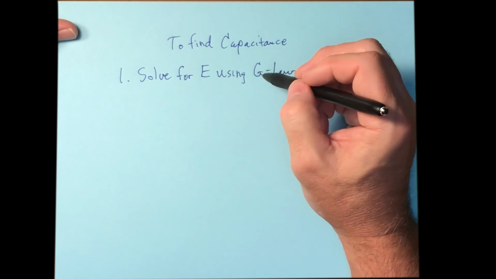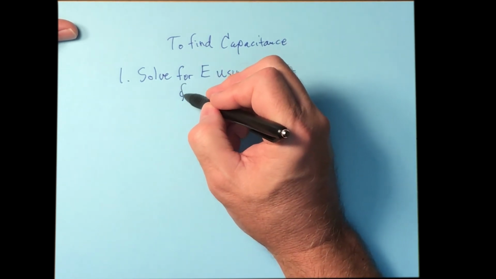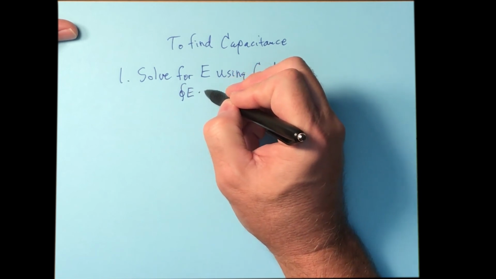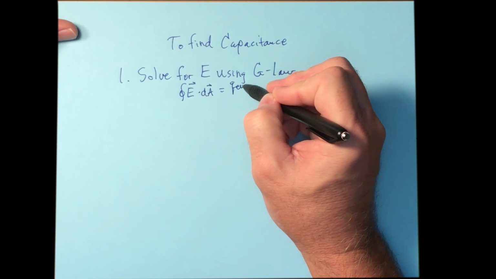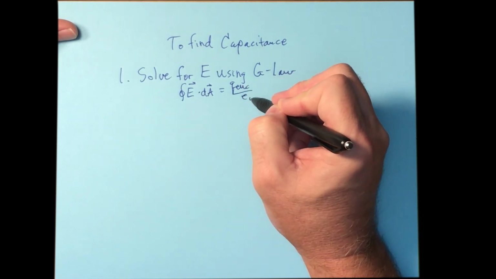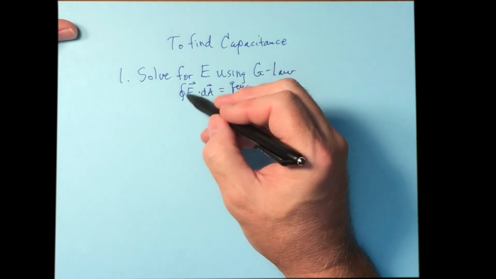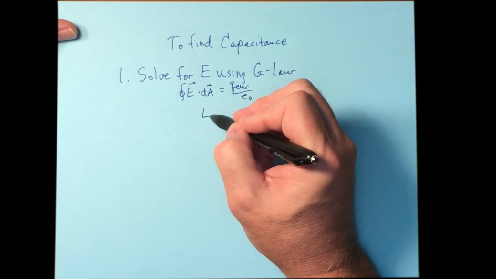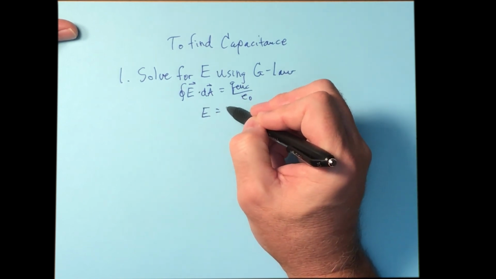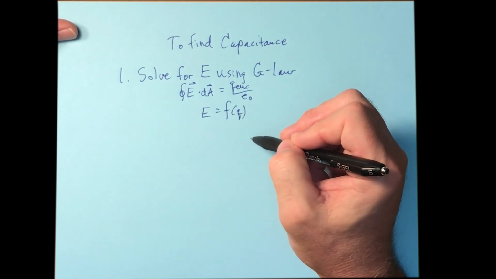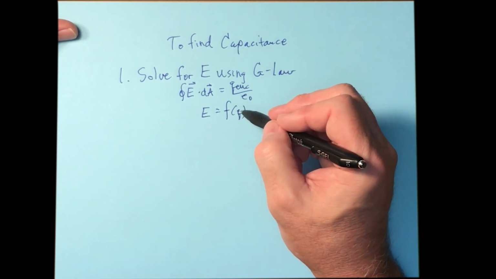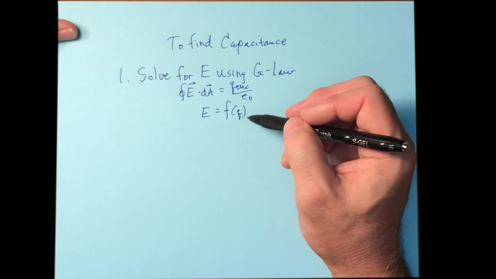So you'll solve for E using Gauss's law, and you know that Gauss's law is the closed integral of E dot dA equal to Q enclosed over epsilon naught. When you go through the steps, you end up with E equal to some function of Q. So you're going to have Q in your equation for E.